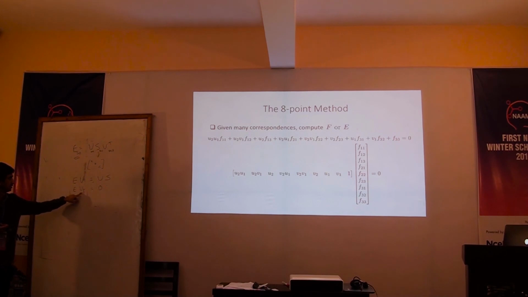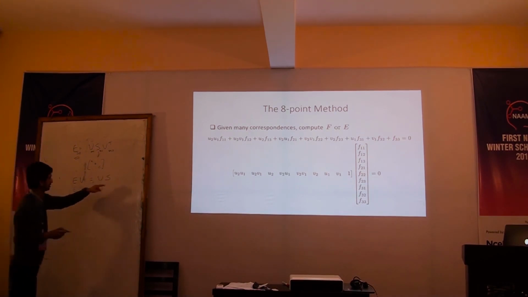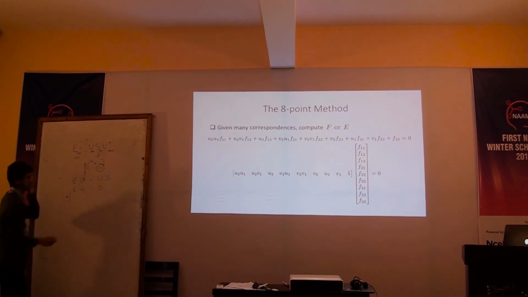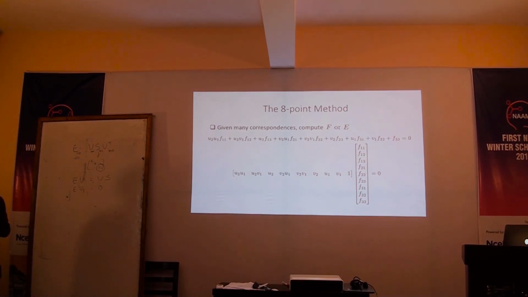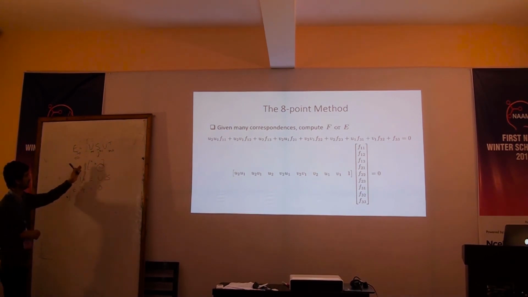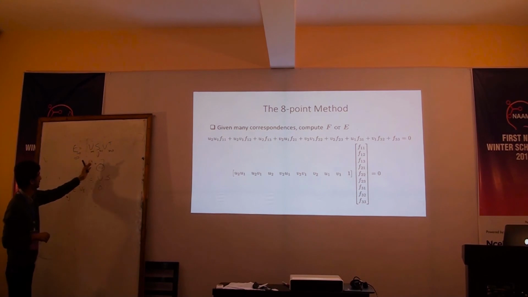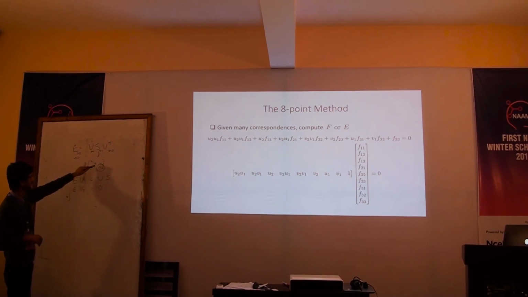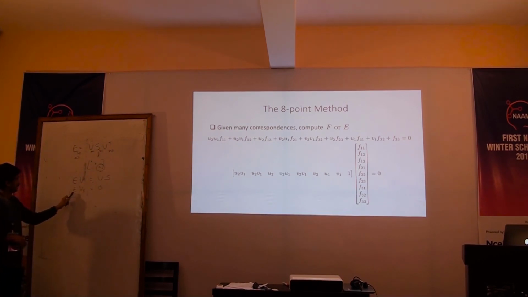What does this mean? This means that the last element of the diagonal matrix should be 0. You can just do it with matrix multiplication. If this is 0, no matter what the content of U is, E times V3 will be 0.